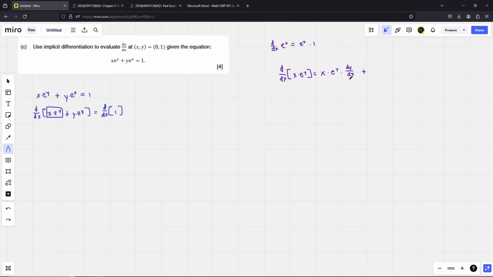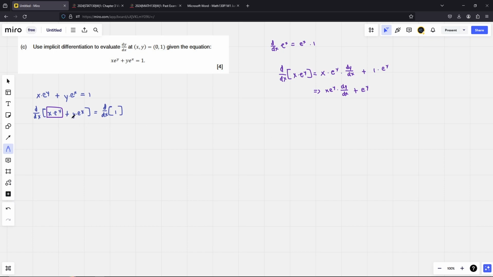Okay, I left my first function alone, so deriving my first function with respect to x, I get that x is just going to be 1, and then copying down the second function, that's just going to be e to the y. So simplifying this to make this look just a bit better, this is going to be x e to the y multiplied by dy by dx, and this is going to be plus e to the y.